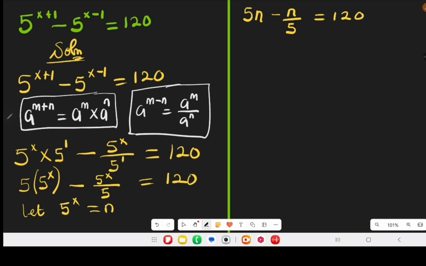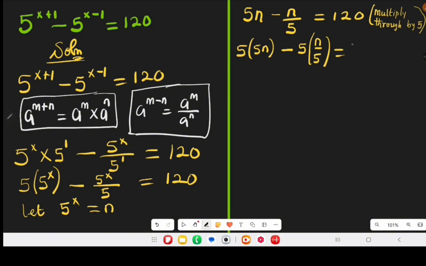Now this equation involves a fraction. To remove this denominator, we multiply through by the LCM, or we multiply through by the denominator, which is 5. Then we have 5 times 5n minus 5 times n over 5 equal to 5 times 120.